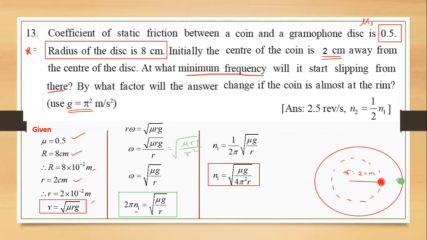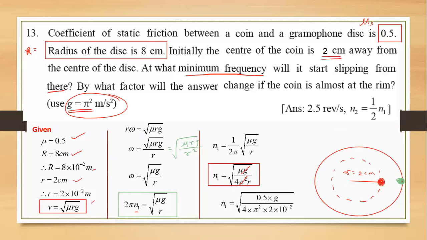Now in that formula, we substitute g as it is. g and pi square are the same, so we can cancel g and pi square. So you can see here, root of mu divided by 4R is the formula.